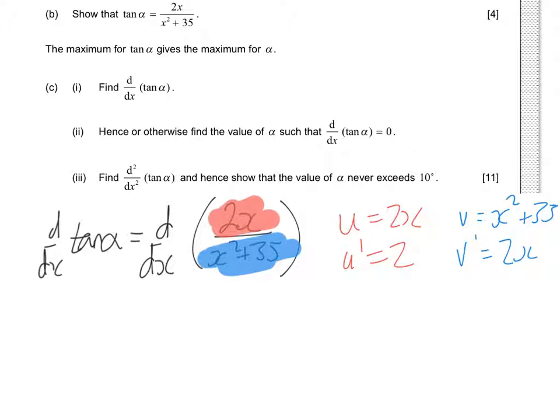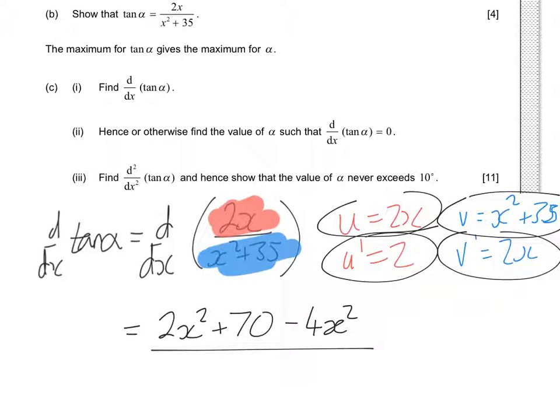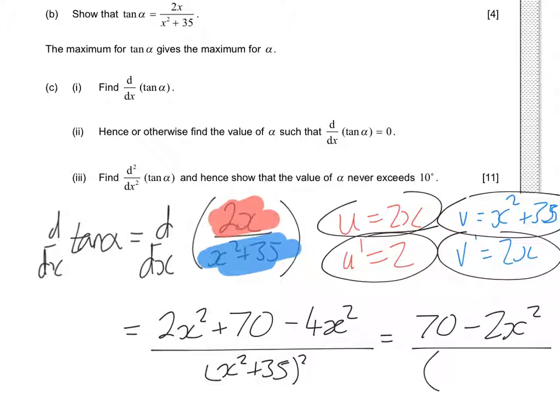That gives you v du by dx, two lots, so it's 2x squared plus 70, minus u dv by dx, minus 4x squared, all over v squared, x squared plus 35 squared, and that just collects to be 70 minus 2x squared over x squared plus 35 squared. That's part C, part 1.